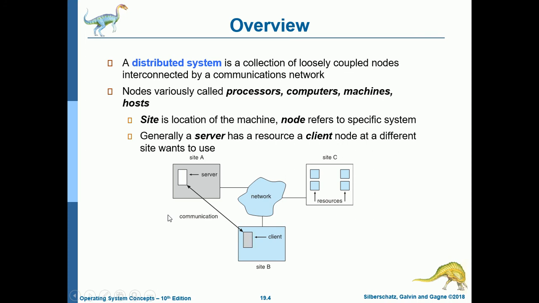That is the characteristic of a distributed system. The server, the client, and the resources do not need to be at the same location as long as they are connected to a network.